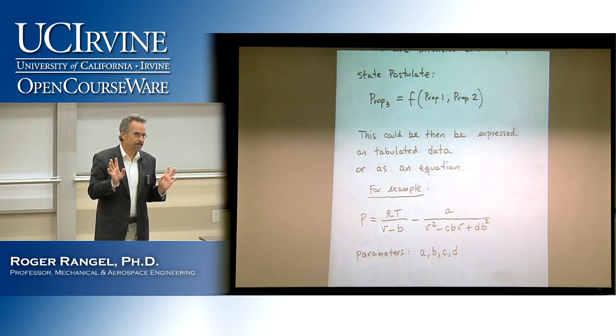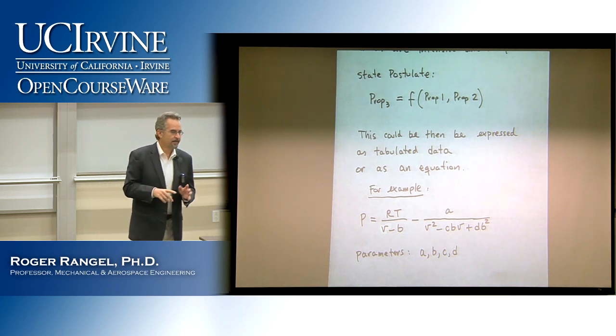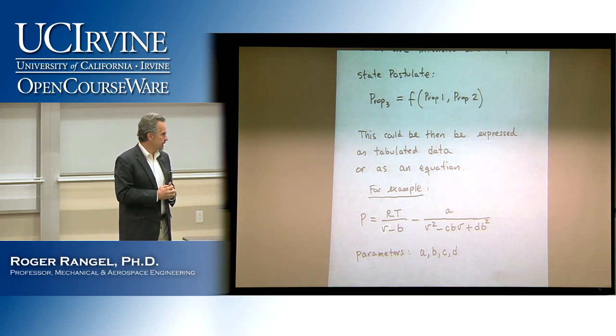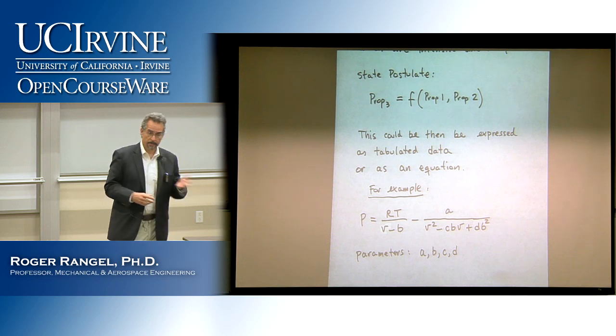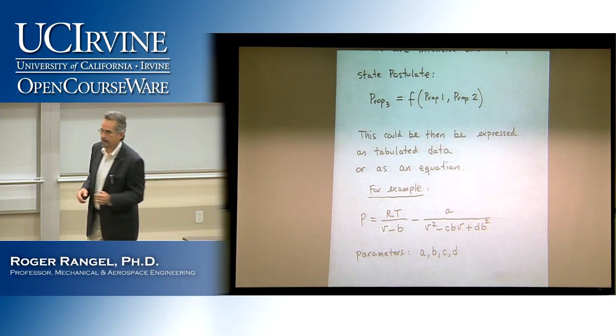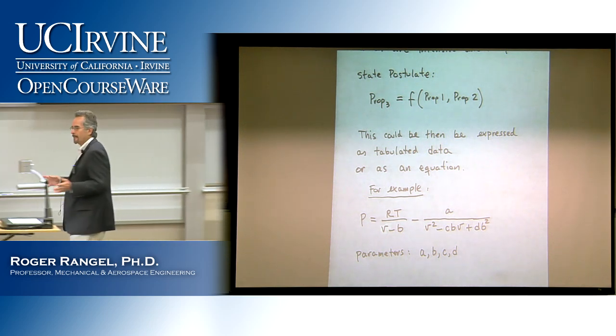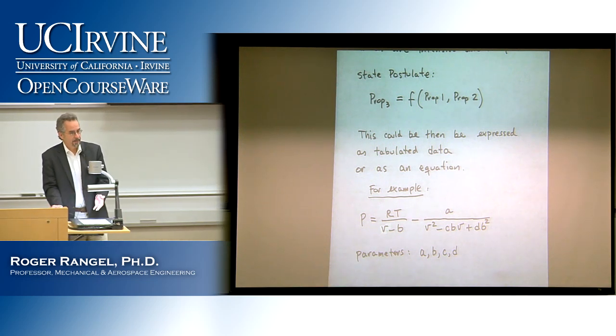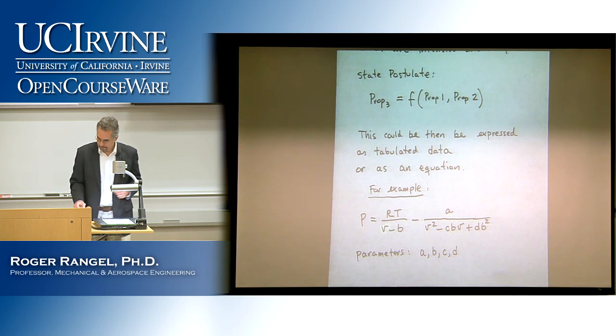No, but just think of the mathematics for now. You have this equation of state, and suppose you're told A, B, C, and D are 0. What do you end up with? Ideal gas law. Right? So that means that the ideal gas law is an equation of state, a very simple one, because as you can see, it's a much simplified version of this.